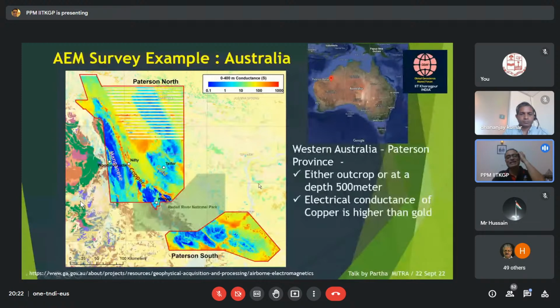I just forgot that the conductance of copper is higher than gold. In fact, out of silver, gold, and copper, silver is the maximum, followed by copper, and then gold. So if you see the high conductance values, the nickel and copper deposits show high conductance, and it follows a kind of lineament.